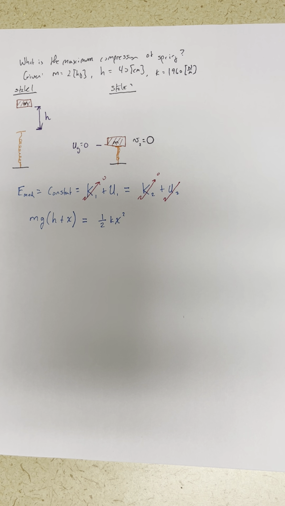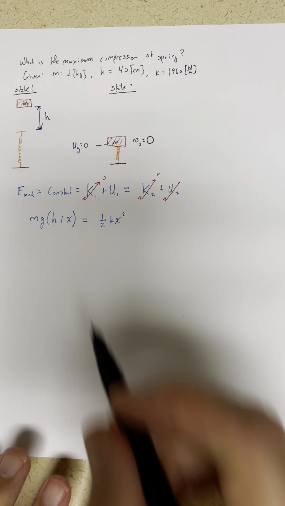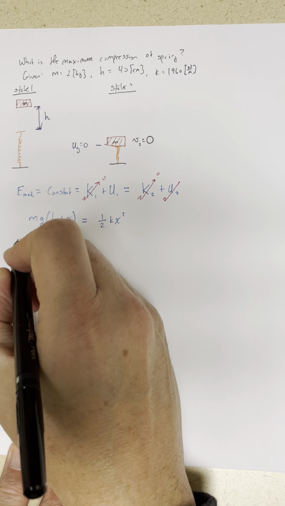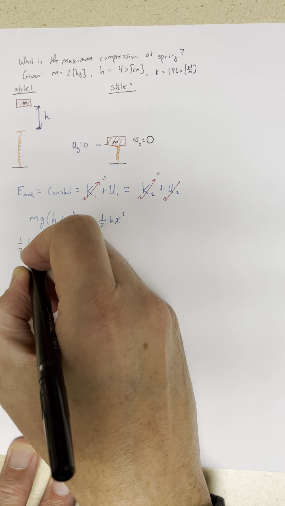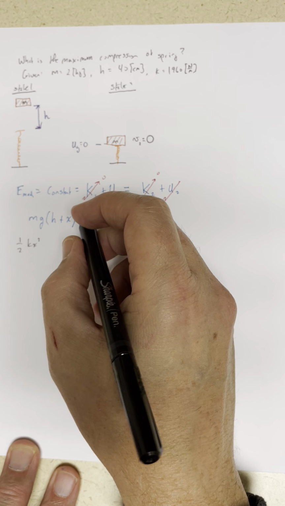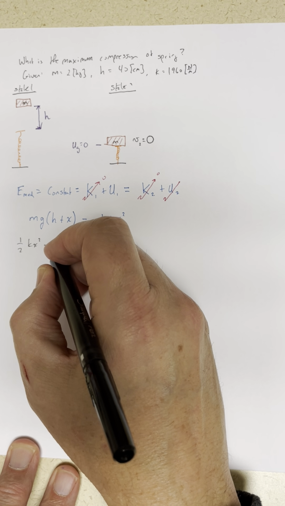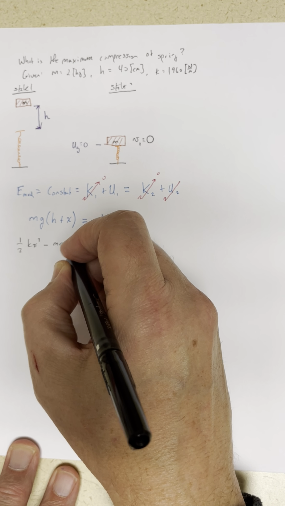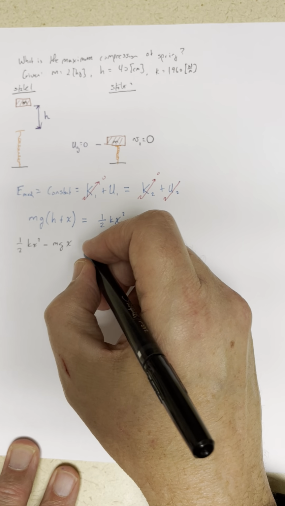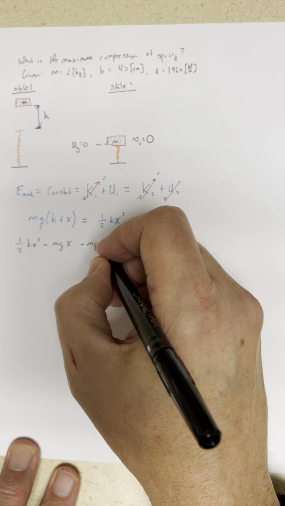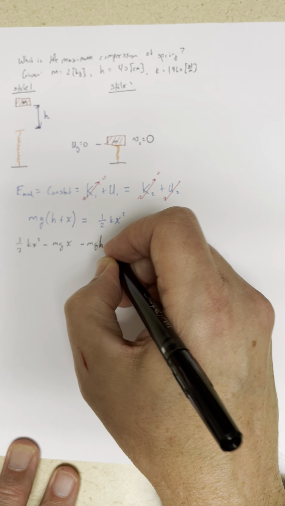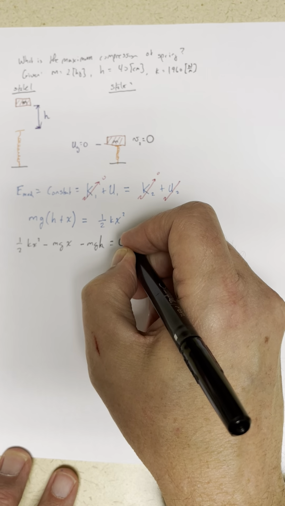Rearrange the equation because we have a quadratic equation to solve. Move everything over to one side. I'll have a half kx squared minus mgx minus mgh equal 0.